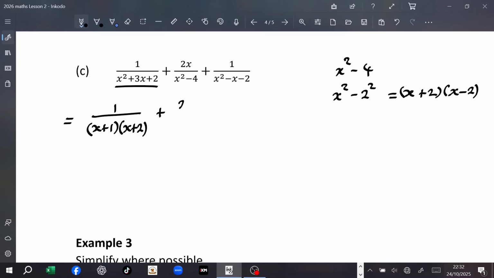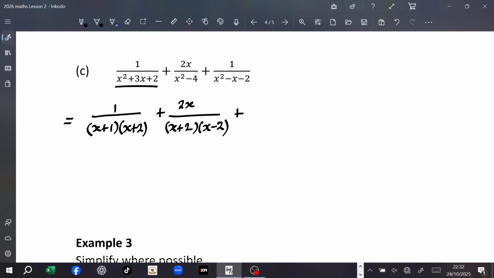So say 2x over x plus 2, then x minus 2. Then plus, then I'll get this one down here. So that's why I was saying this one is quite involving in my opinion. So we'll get x squared minus x minus 2. So sum is negative 1, then product is negative 2.